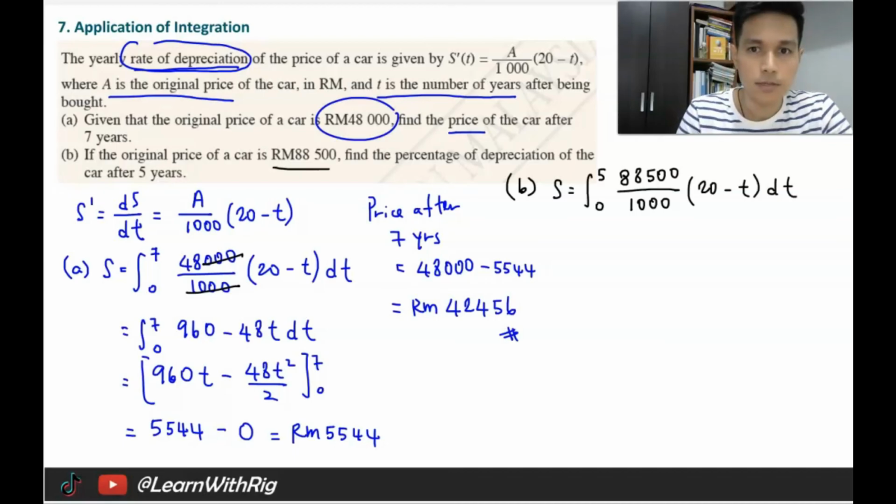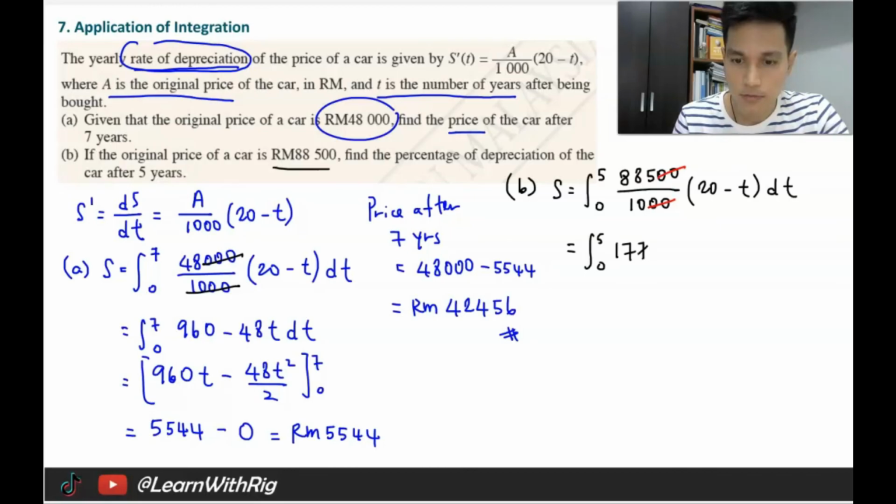Same thing, you want to simplify first. Now you can expand, you should get 1770 minus 885 over 10 t dt. Now you can integrate, you get 1770t minus 885t squared over 20.